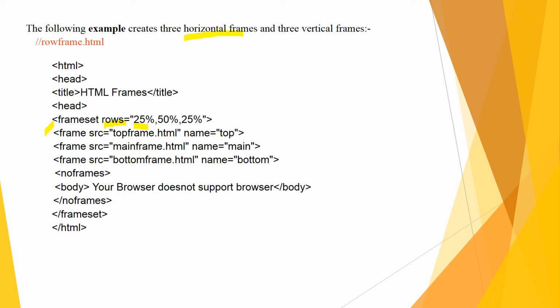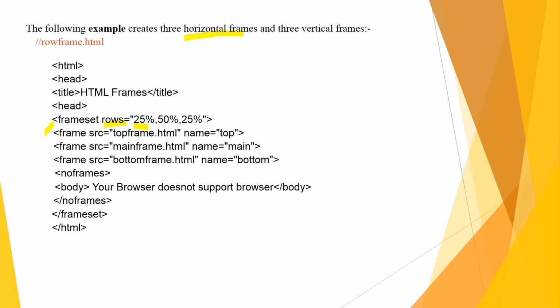First document is the first frame, src equal to the URL of this top frame.html, and name I have given top frame. Next document main frame.html, src is the URL or path of the main frame.html. Name I have given main.